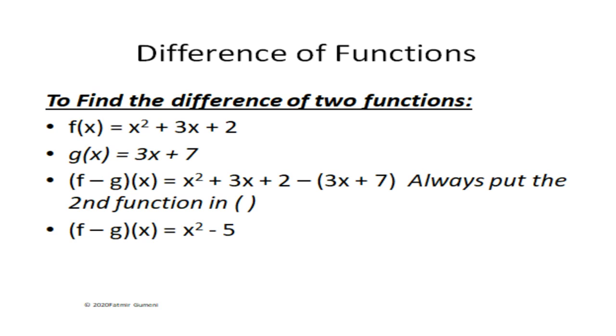Difference of the function. To find the difference of two functions, f of x equal x squared plus 3x plus 2, g of x equal 3x plus 7, we have f minus g of x equal x squared plus 3x plus 2 minus, always put the second function in parentheses, minus 3x plus 7 in the parentheses, and obtain f minus g of x equal x squared minus 5.